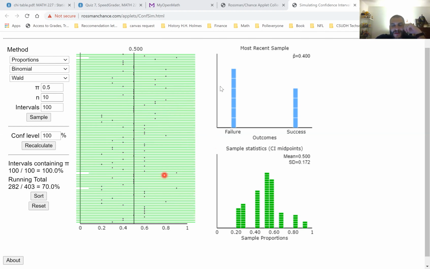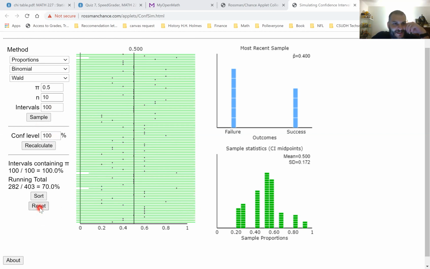So doing 100% is kind of useless, because it's going to tell you it's from 0 to 100%, and that's nothing spectacular. If I tell you anything has a 0 to 100% chance of occurring, you'd just look at me going, I already knew that. So we never do a 100% confidence level.